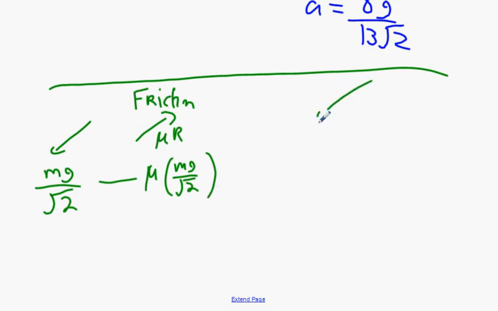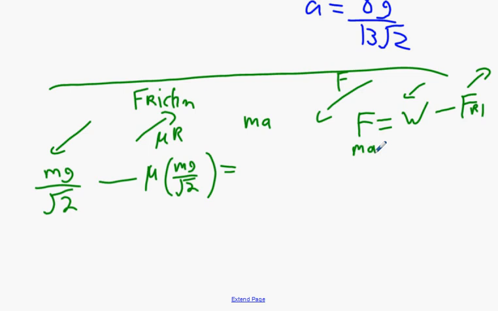You're moving down the hill. Everybody agree with that? So your force equals your weight component acting that way minus the force of friction acting up this way. And that's why on the other side we're going to have MA, because force equals MA, so we're going to have M times the acceleration.